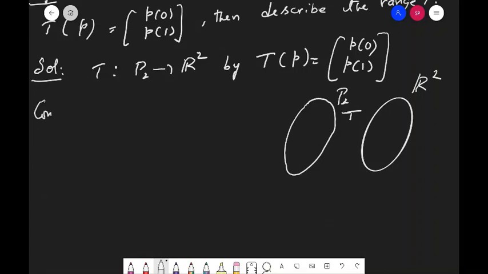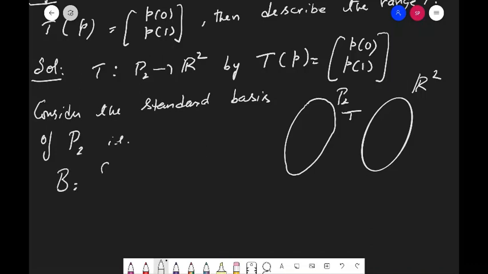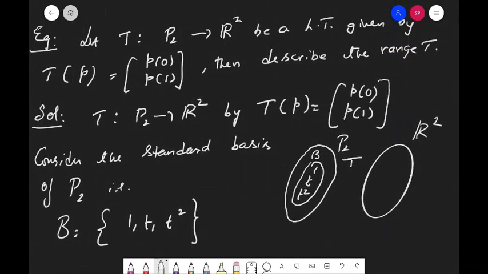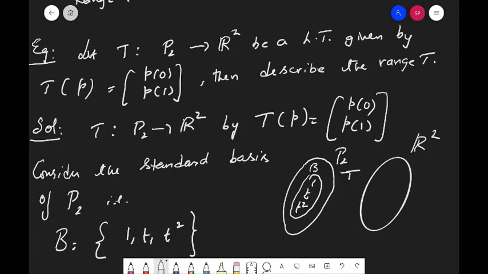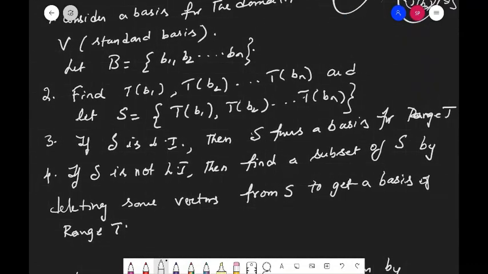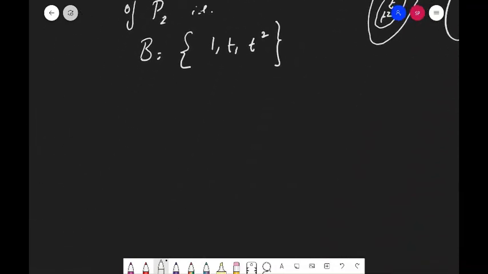I will consider the standard basis of P2, that is B equals {1, t, t square}. This is B for me, the standard basis. So what is the second step now? After taking B as this basis, find T of b1, T of b2 and so on to T of bn. That means find the transformation images for the elements in the basis.